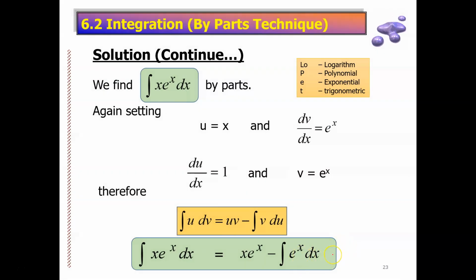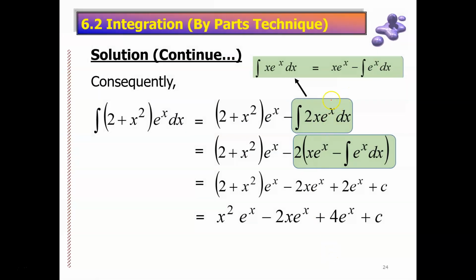So now we write it again over here. This is from the earlier one, our first integration by part. So this one we solve for the second time. So when you do this, this is what we just got for the second integration by part. So it's over here.